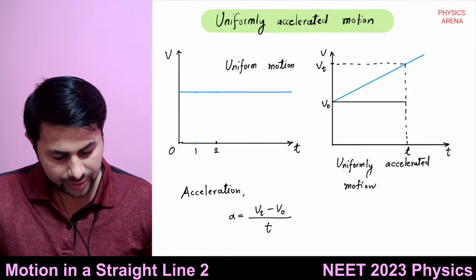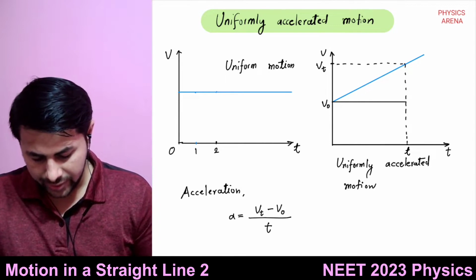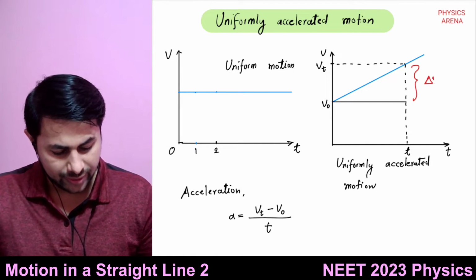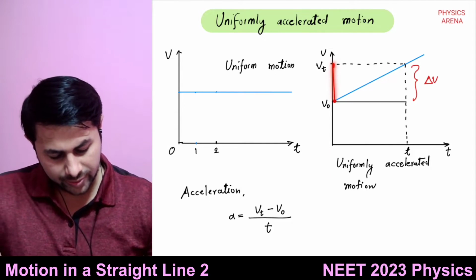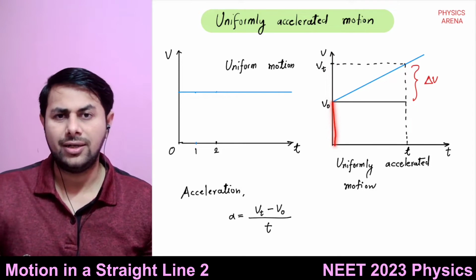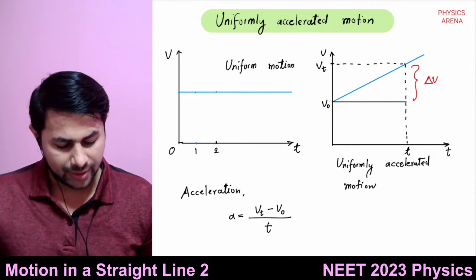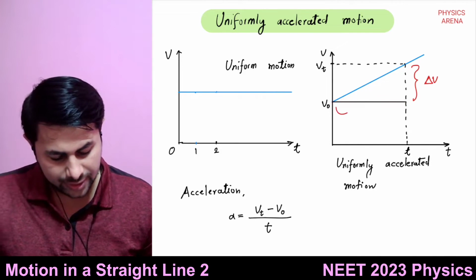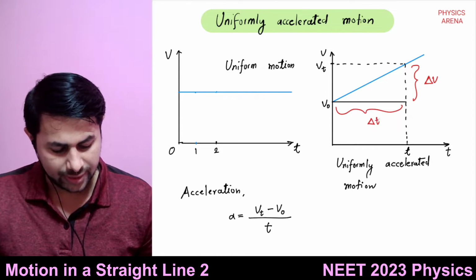Let's say I join this point; the change over the vertical axis is delta v, the final velocity at time t minus the initial velocity at t equals 0, divided by the change in time, delta t.